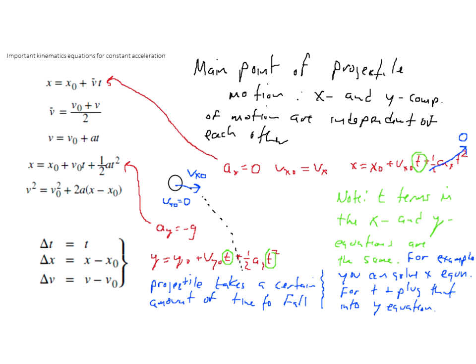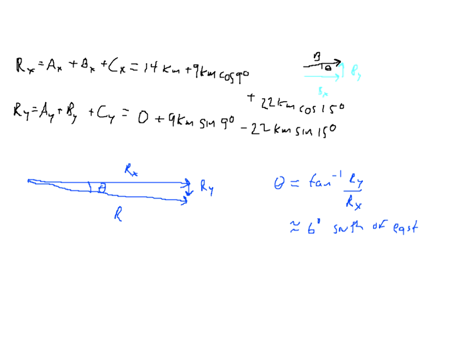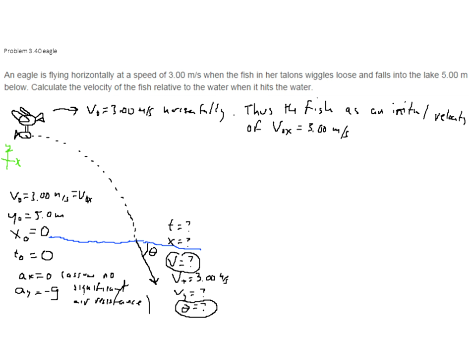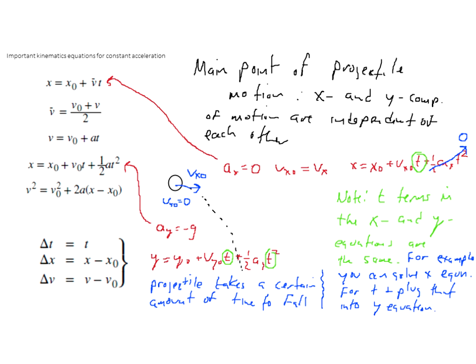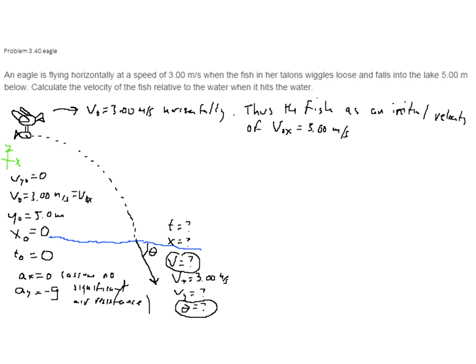And we know what the initial y velocity is. So we know that Vy0 equals 0. So it looks like the best one to use is that equation right there.